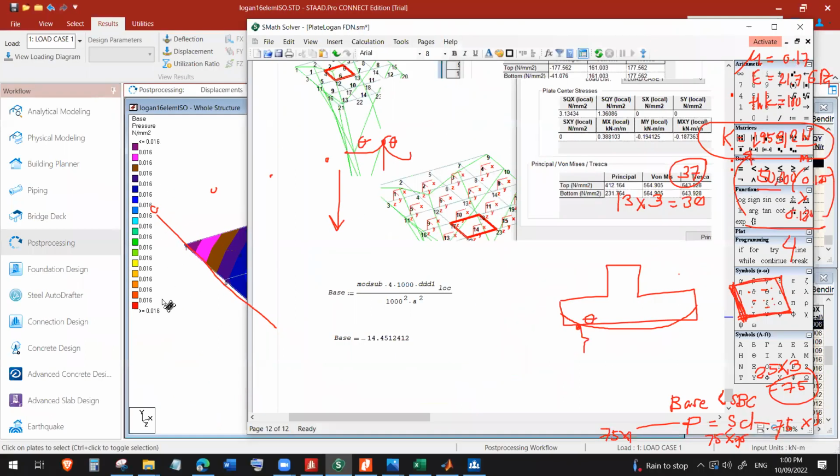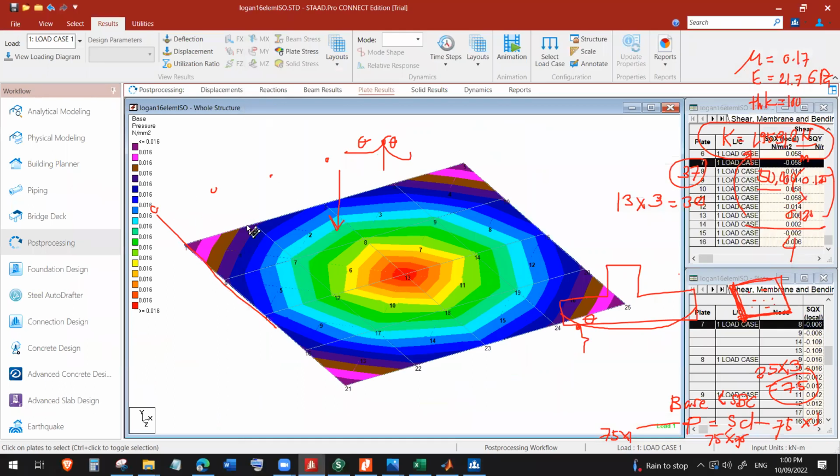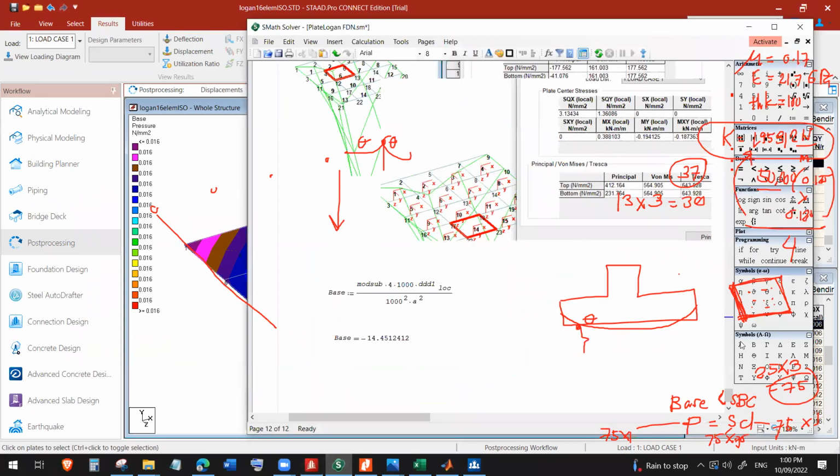According to this diagram, the base pressure is uniform, right? So let's verify. Let's say we wanted to check base pressure at node 7. So we will update this.